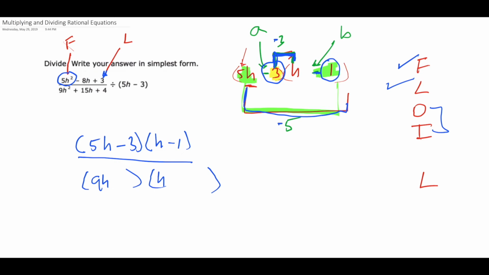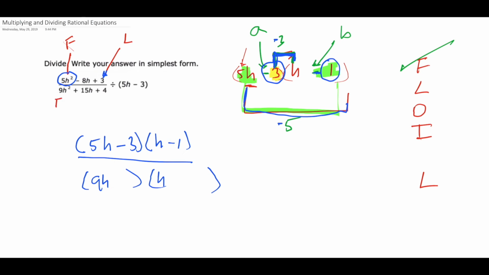All right, so we took care of our first. Now what? Let's do last. So what do we get for last? For our last, we just want to get this last number.